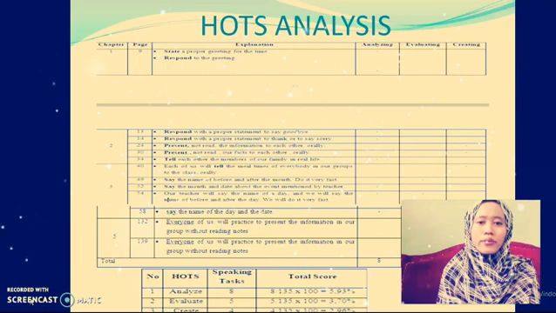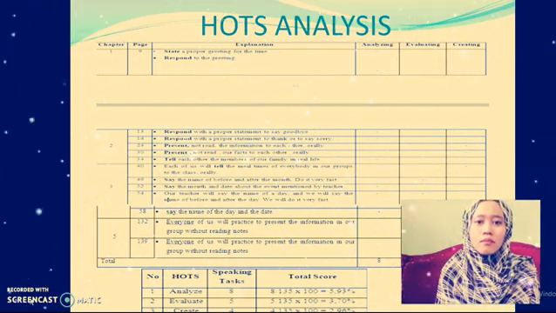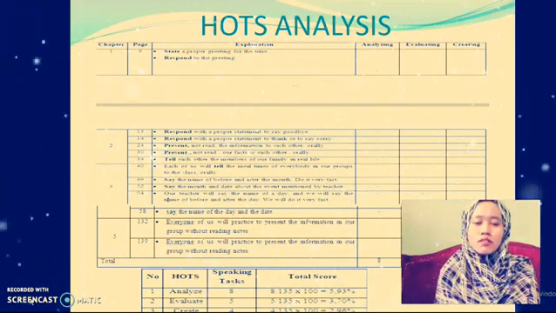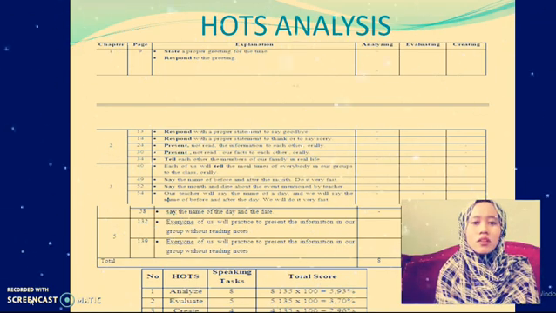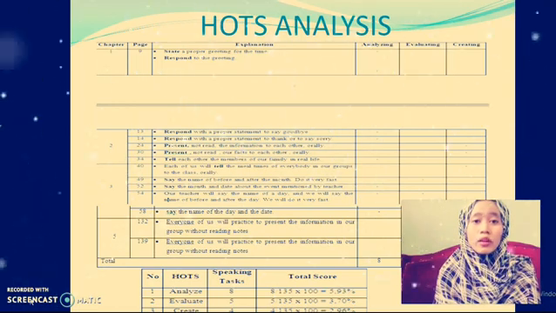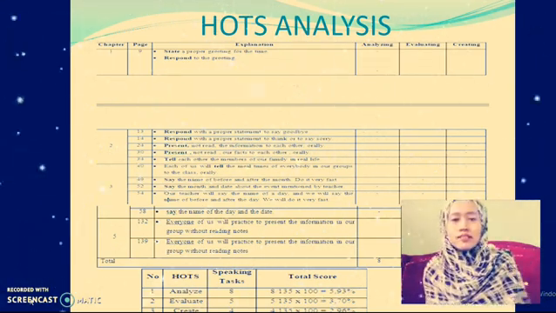Okay, here we will analyze the speaking tasks based on HOTS and LOTS. The first is the HOTS analysis result, because our textbook is dominant with tasks, not exercises.